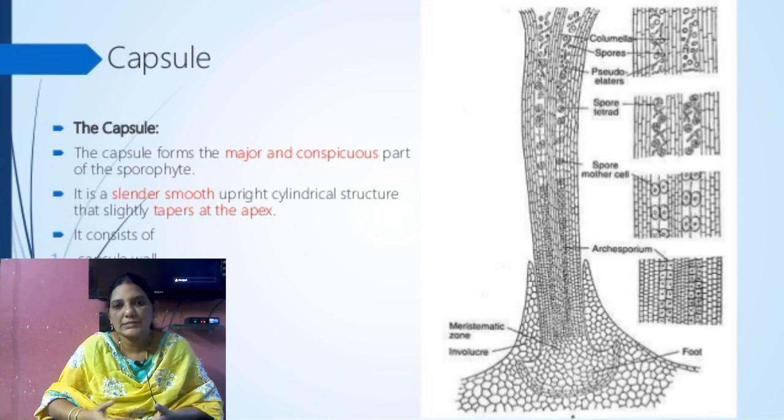The sterile mother cells convert into pseudo-elaters. The pseudo-elaters are narrow structures, and they do not have any spiral thickenings, so they are called pseudo-elaters.